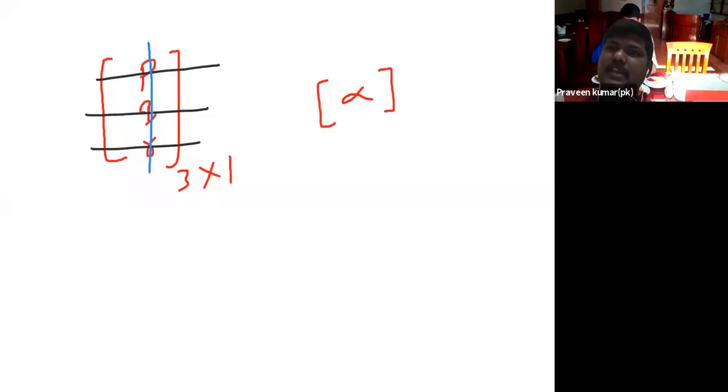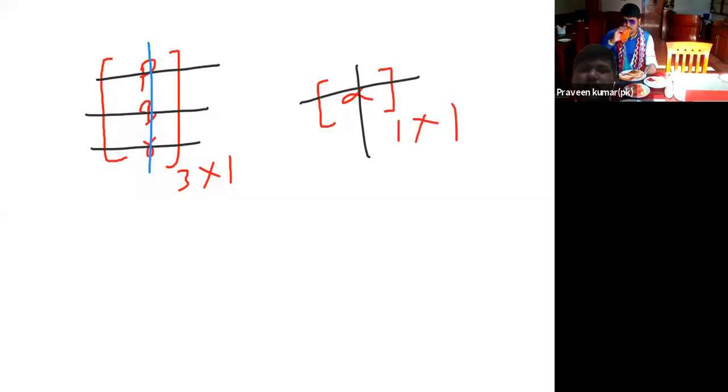How many rows are there? 1 row is there. How many columns are there? 1 column is there. So what is the order of the matrix? 1 cross 1. 1 into 1, 1. 1 element present. Understand? So now you understand very clearly the rows and columns of a matrix.